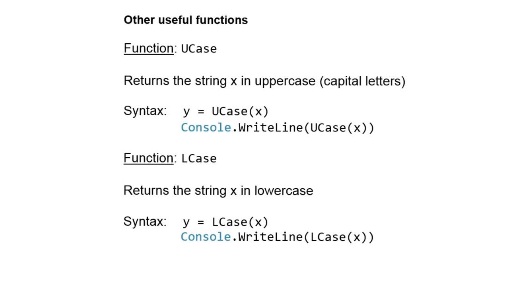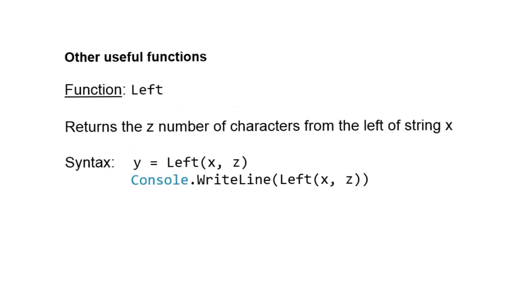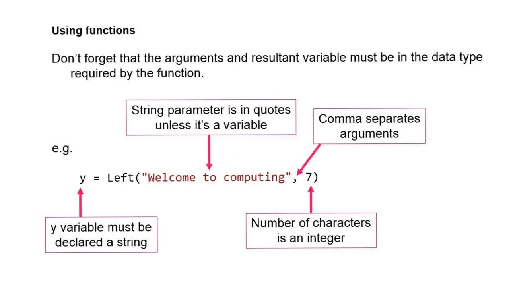But we have functions which can return the uppercase of anything you pass in, or can return the lowercase version of anything you pass in. We have functions which can extract text from a string, from say the left, or from the right. Here in this example we have a function called left. We pass it two parameters.